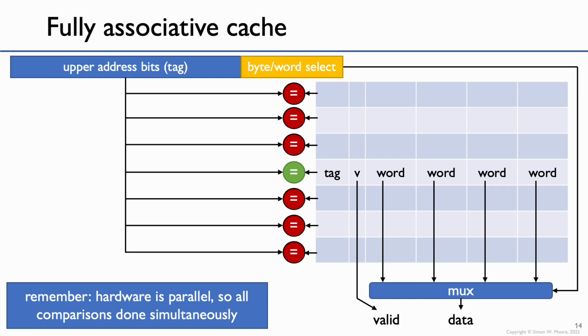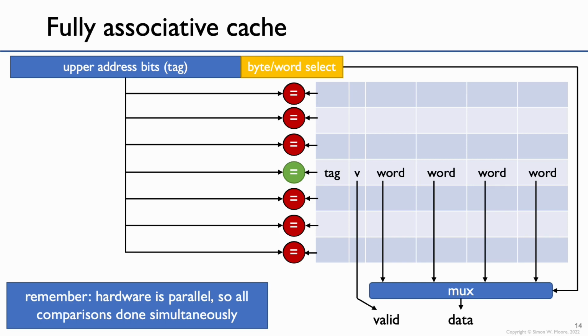And here we're going to look at the tags in memory and actually in parallel compare every tag with those upper address bits. Okay, now remember that hardware is inherently parallel, so all those comparisons can be done simultaneously.